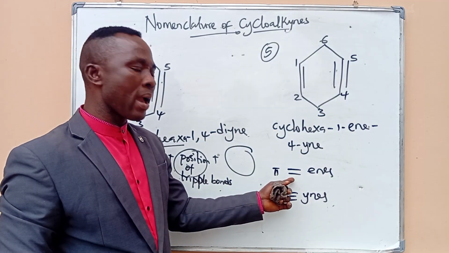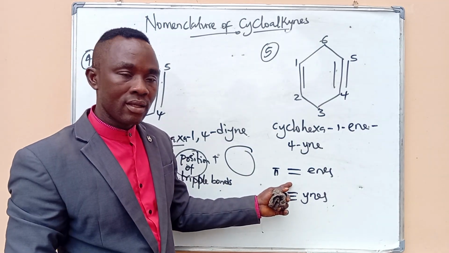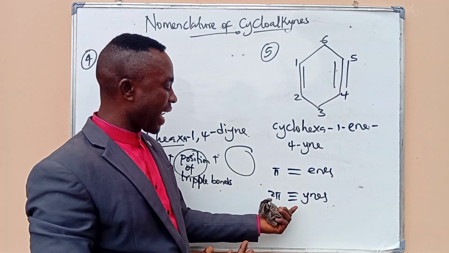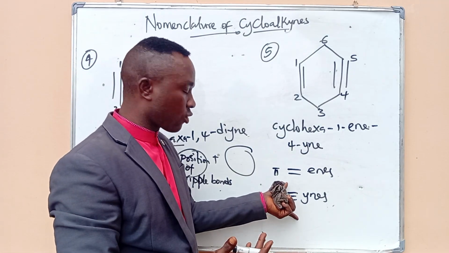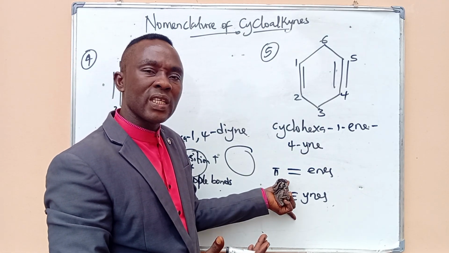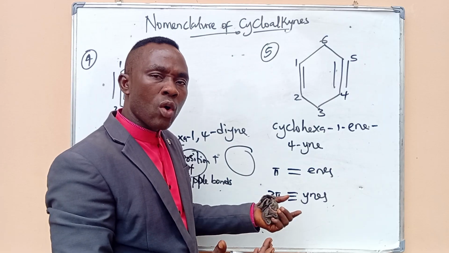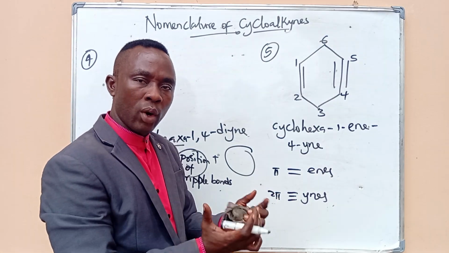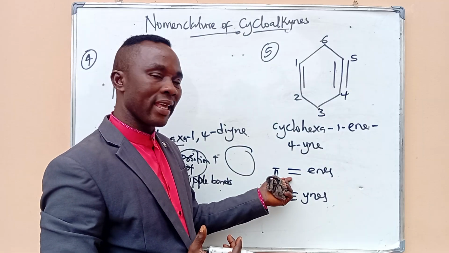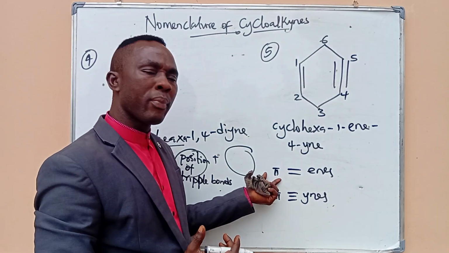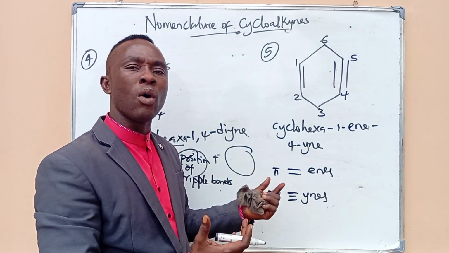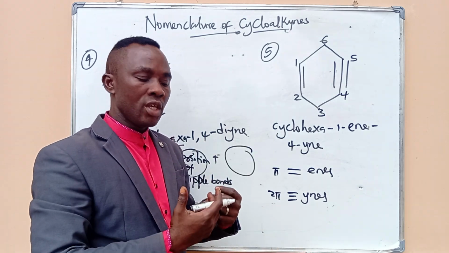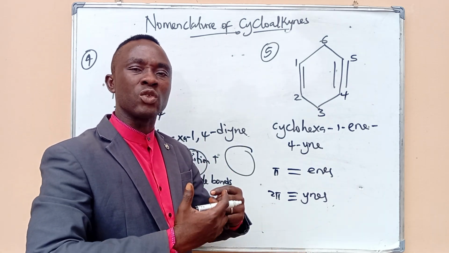Now 1 pi bond is more free than 2 pi bonds, because in ynes the pi bond electrons are drawn closer to the nucleus. So that makes the bond shorter than in the enes, meaning that the pi bond in enes is more loose, so it can easily be broken, because if it is loose, that means it is weak.